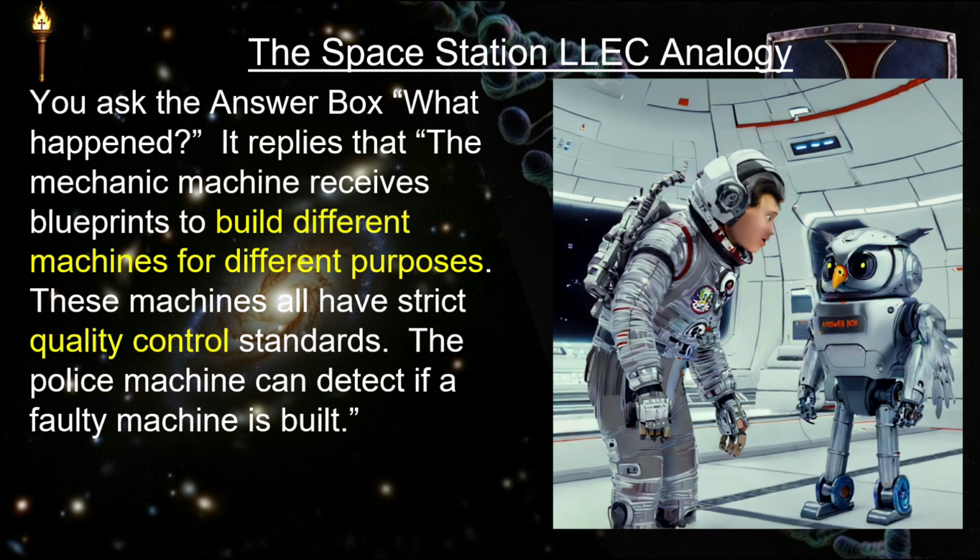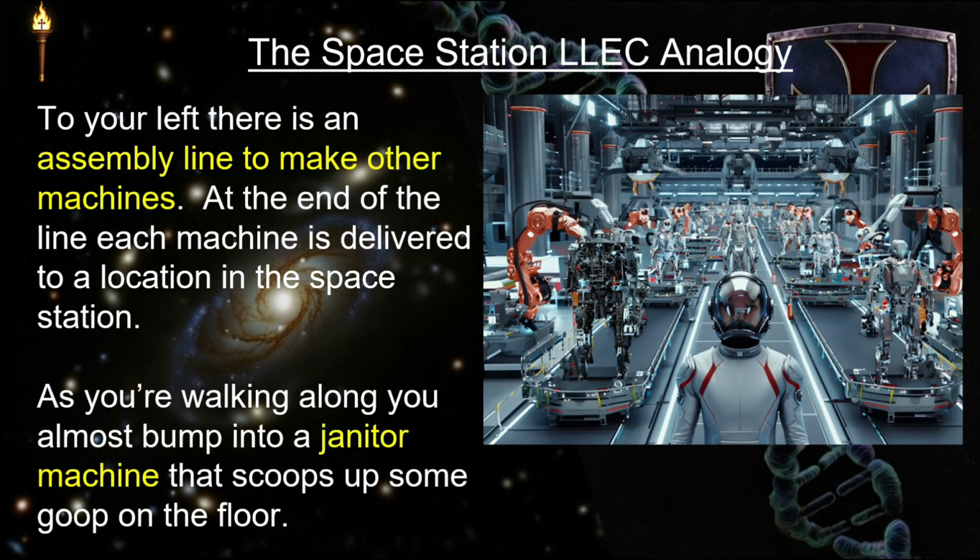You ask the answer box, what happened? It implies that the mechanic machine receives blueprints to build different machines for different purposes. These machines all have strict quality control standards. The police machine can detect if a faulty machine is built. To your left, there is an assembly line to make other machines.